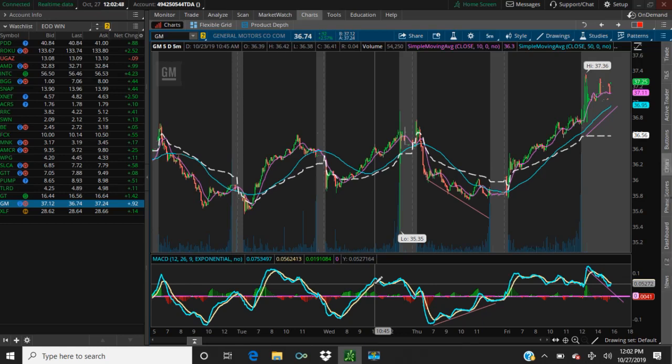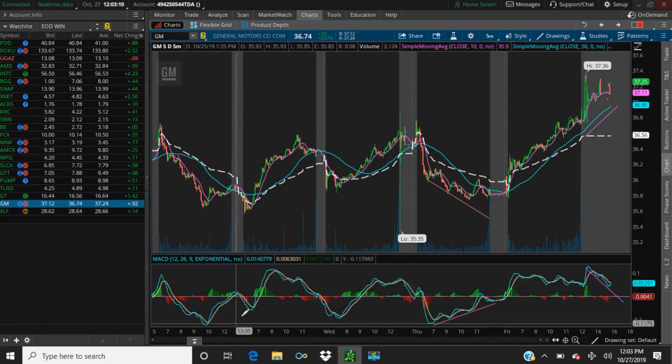I actually prefer the signal line crossover instead of the zero line crossover, as do most traders. And simply put, a buy signal is when the MACD crosses above the signal line, and a sell signal is when the MACD crosses below the signal line.